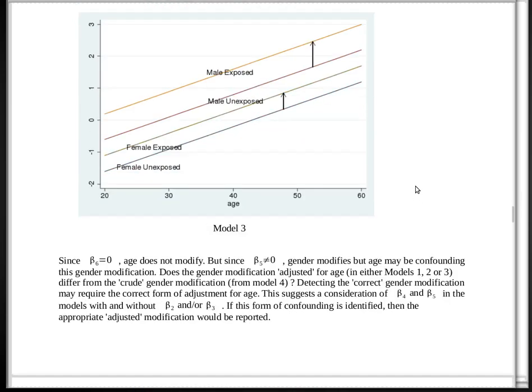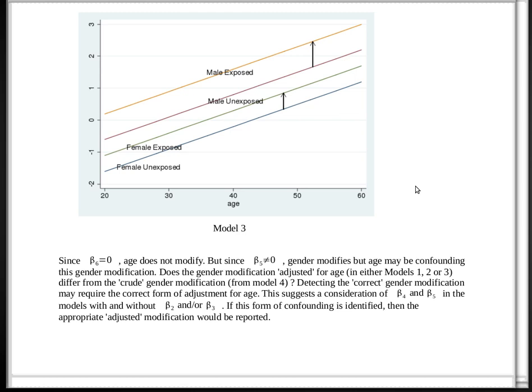What do we got? Well, if beta 6 is 0, age does not modify. But since beta 5 is not 0, we see that gender modifies. But now what we need to consider is whether or not that capturing of gender modification is because age is confounding. Age might be confounding the gender modification.